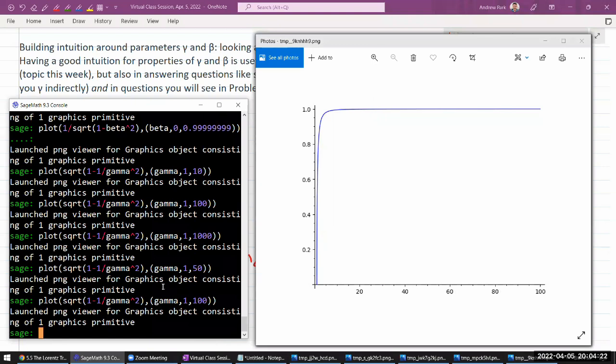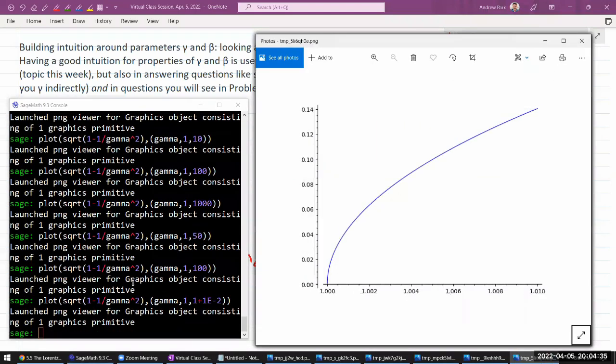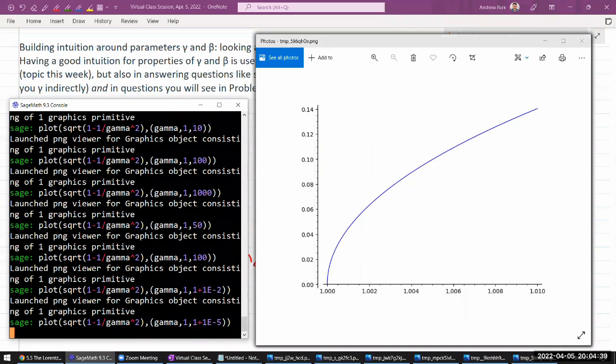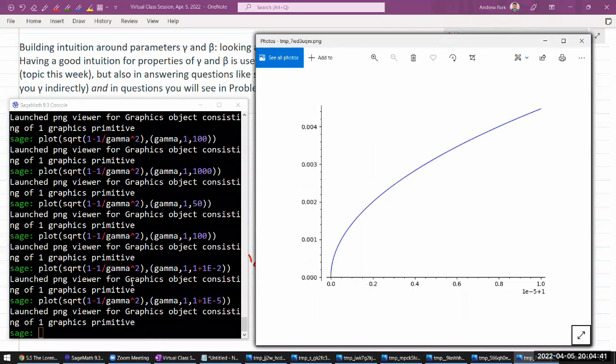Where it's actually interesting is in the small gamma limit, where gamma is close to 1. So maybe gamma minus 1 times 10 to the power of minus 2, or maybe even smaller, 10 to the power of minus 5. This would be a non-relativistic regime, and that's where you see a nice-ish relationship between gamma and beta.